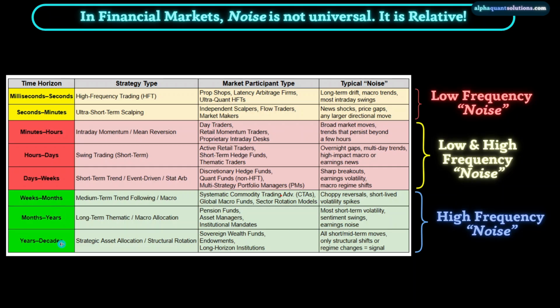On the other hand, at the other end of the spectrum, for strategies that go from a few weeks to a few decades, then for them, the noise has primarily a high frequency content. And for all strategies in between, so for time horizons going from a few minutes to a few weeks, one could argue that actually noise has both low and high frequency content.